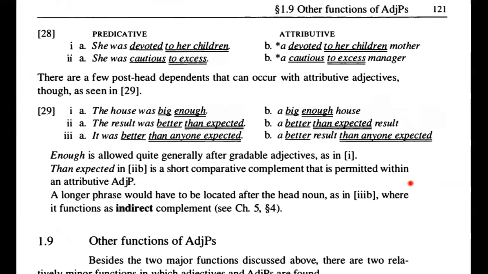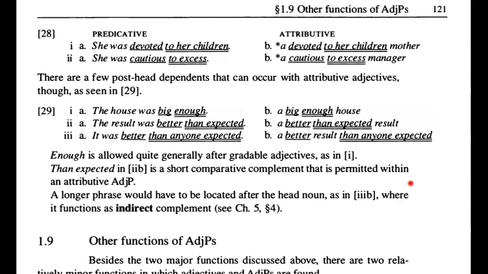She was devoted to her children, يعني كانت مكرسة حياتها بهالمعنى لأطفالها. She was cautious to excess. The attributive form: a devoted to her children mother.